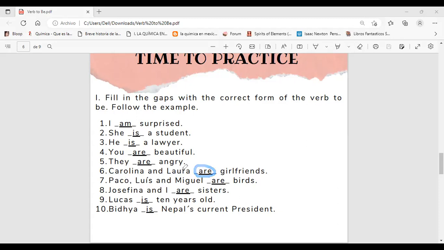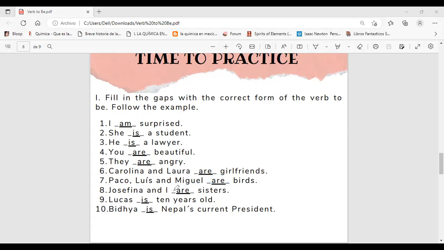So Carolina and Laura are girlfriends. Number 7, Paco, Luis, and Miguel are birds. Same thing. If it's more than one person that we're talking about, 1, 2, 3, it means it's plural, and with plurals we use are.